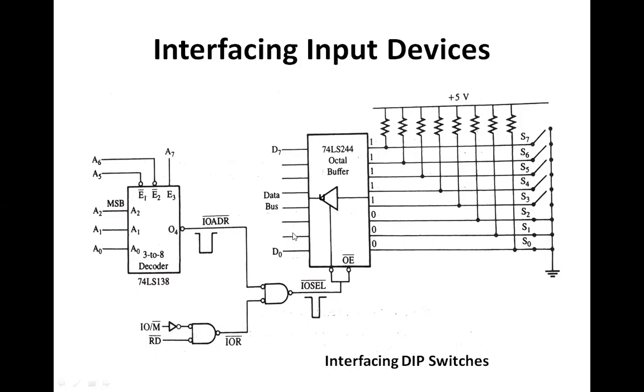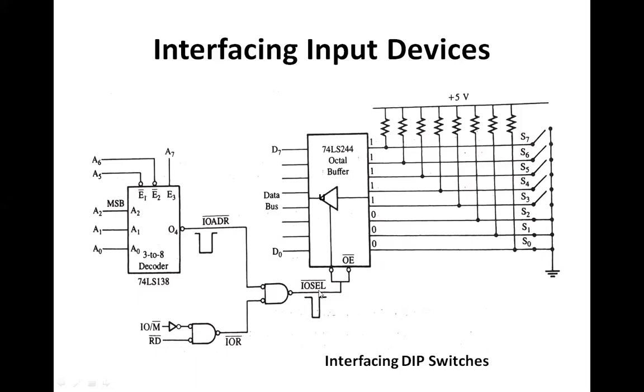Of course, before it is going to transfer to the data bus, it is necessary that this device must be activated. And this device can be activated if this signal, output enable, is low. As well as this enable of the buffer can be done only when the input output select signal is low.